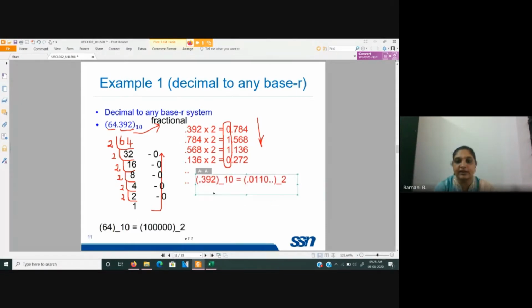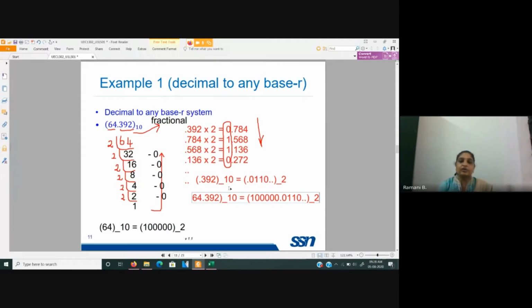So putting together, you will have 64.392 in decimal form represented as 1 followed by 5 zeros, then 0.0110, etc. So this will be the binary equivalent for this particular decimal number.